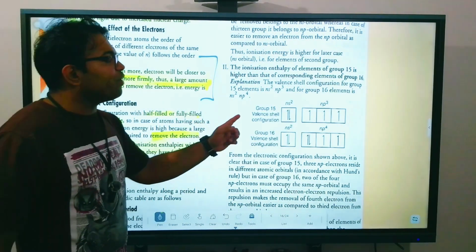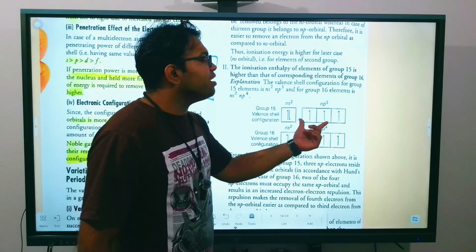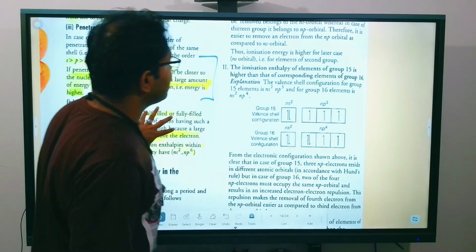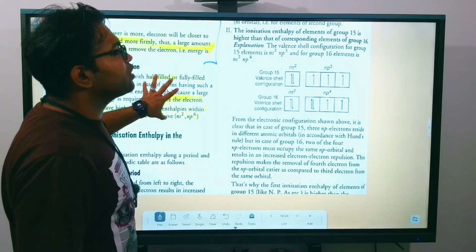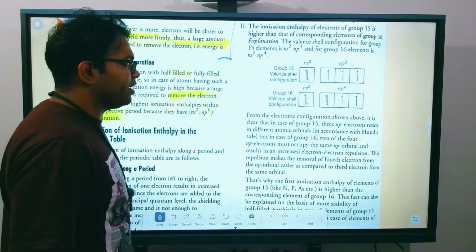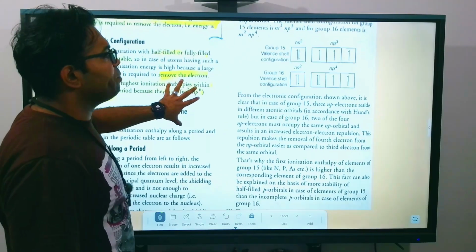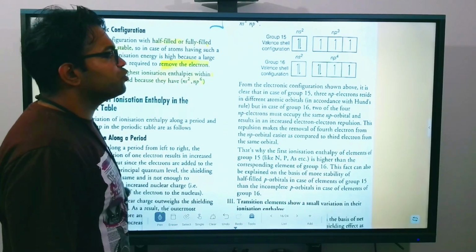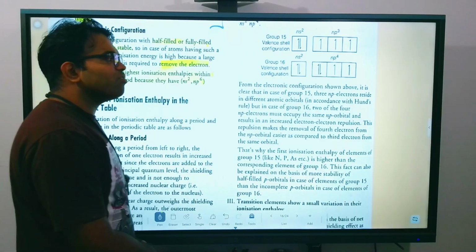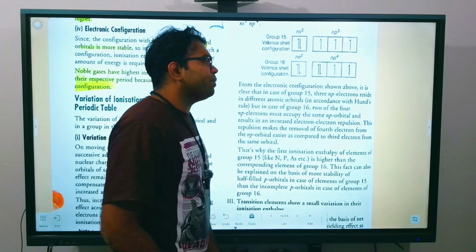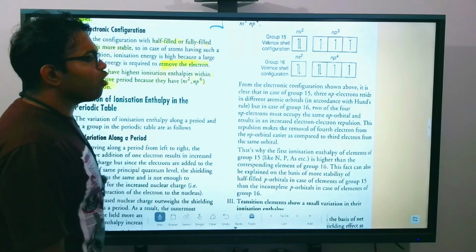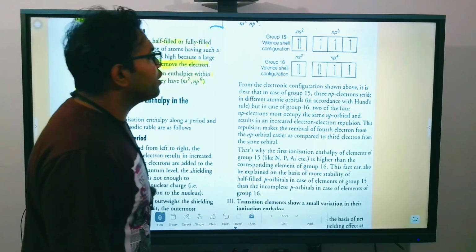In the case of ns2 np3, you have a half filled orbital. From the electronic configuration, it is clear that in group 15, the three np electrons reside in different atomic orbitals, according to Hund's rule.